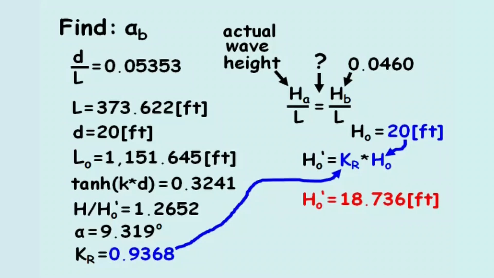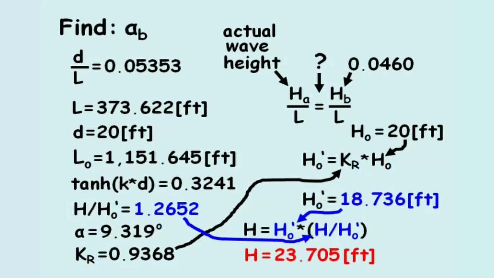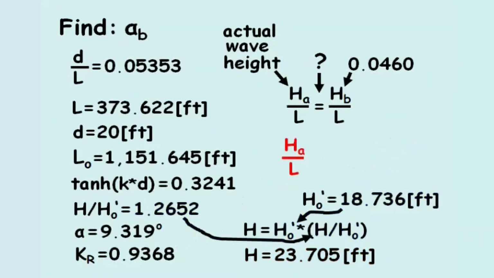Now, we can find the actual height of the wave at this depth, and we'll multiply h0 prime by the shoaling coefficient and the actual height equals 23.705 feet.